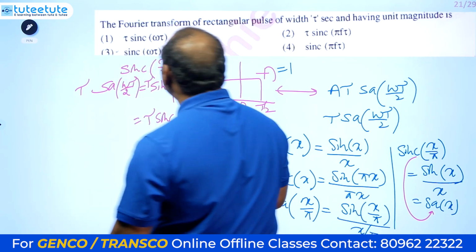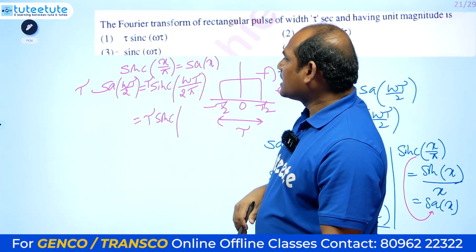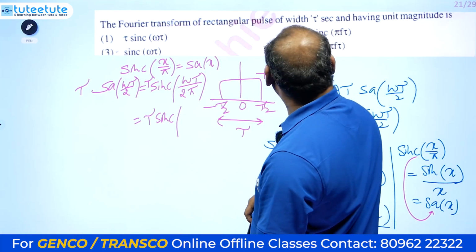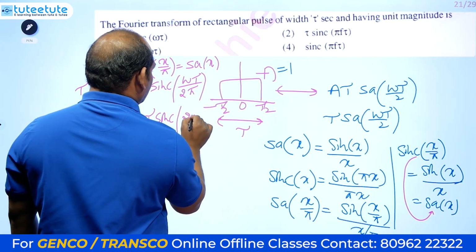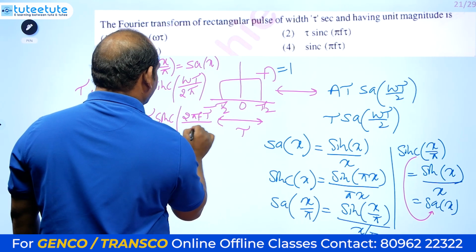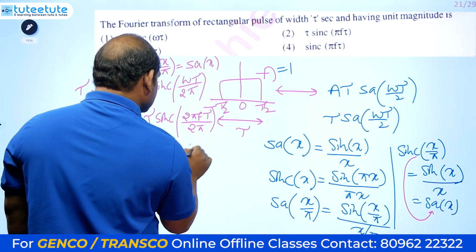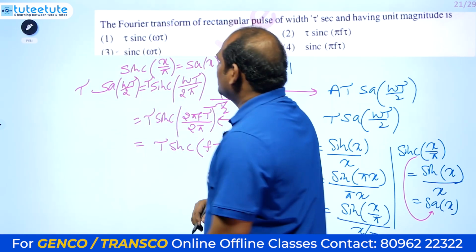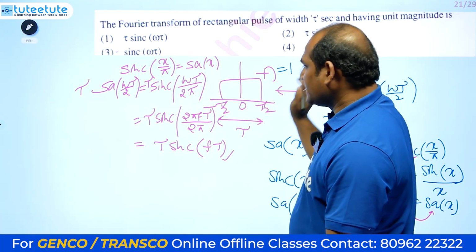The options are given in terms of f and also in terms of omega, so we see it in terms of f. It is 2 pi f tau by 2 pi, so 2 pi cancels. Tau sinc of f tau. Your answer may not match directly, but you can take this one.